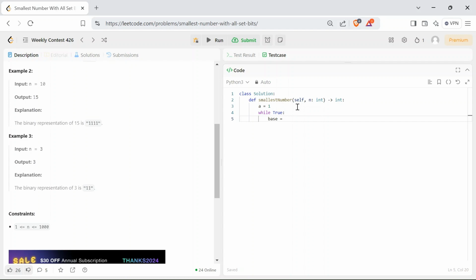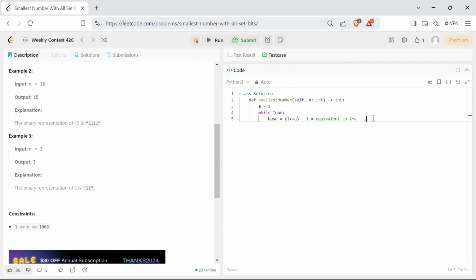Base: I'm left shifting 1 by a, minus 1. This would be equivalent to 2 raised to a minus 1.